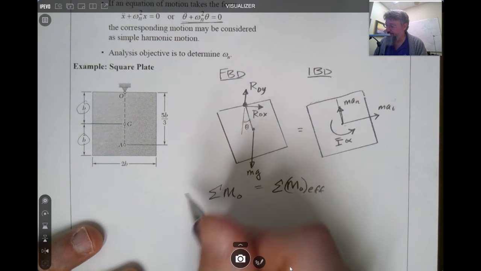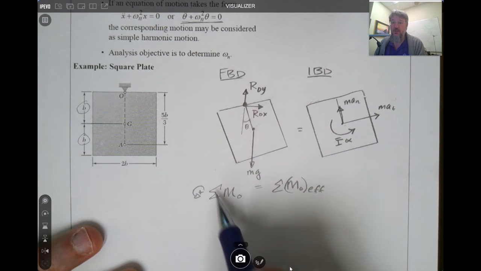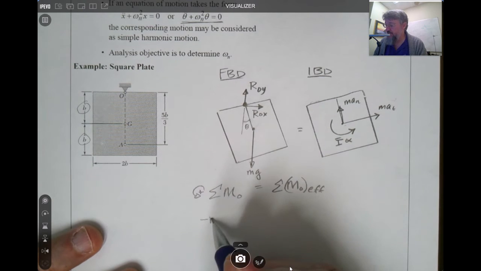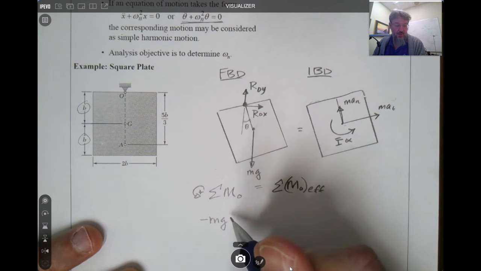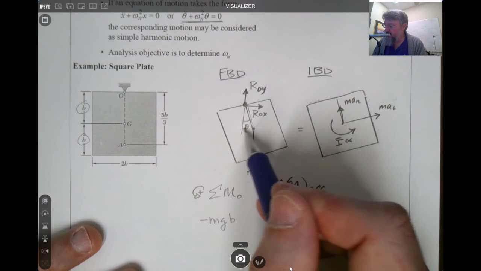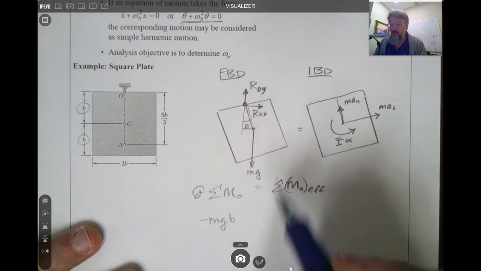So on the left-hand side, since we usually define counterclockwise as positive, we can see that this is generating a clockwise moment, and we're going to multiply it by b, which is this length, times the sine of theta. That'll give us this length right there.